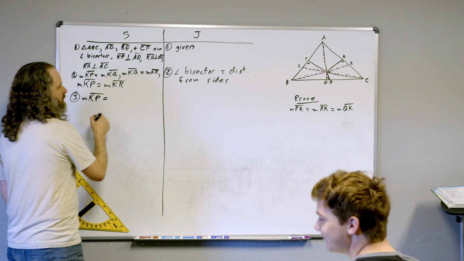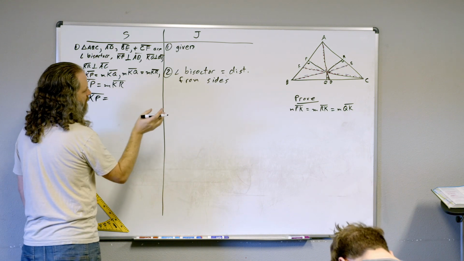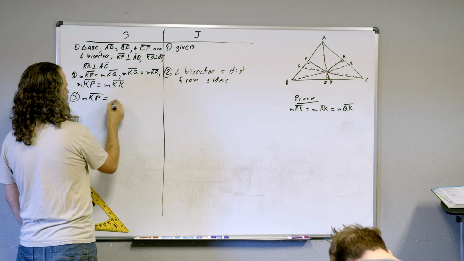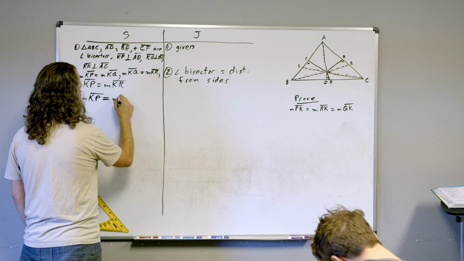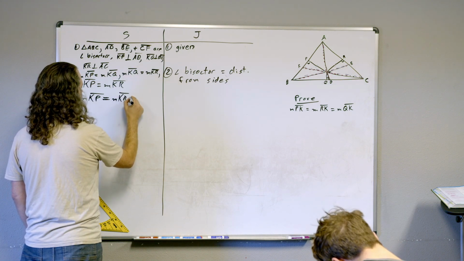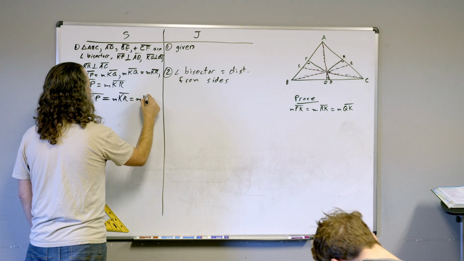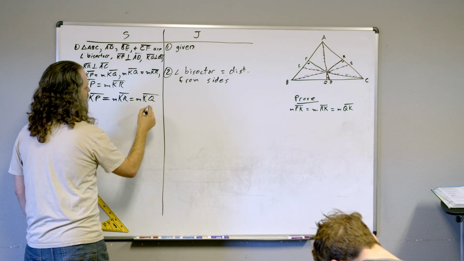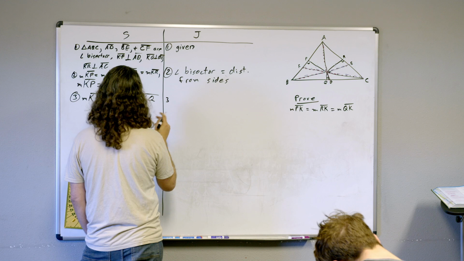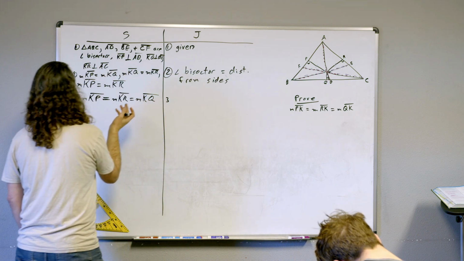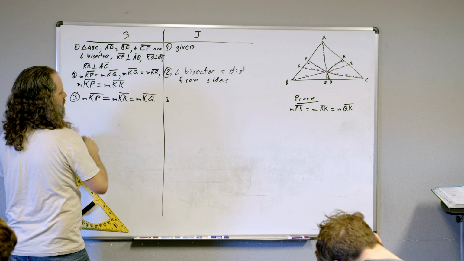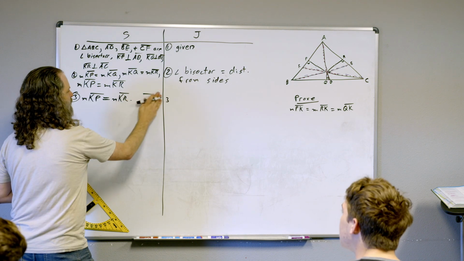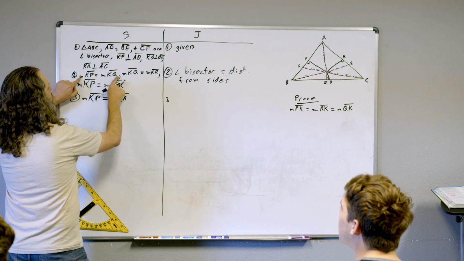So the measure of KP equals, we can write the whole statement, or they just wrote the part that we still needed, but we may as well write the whole thing. The measure of KP, the measure of KR equals the measure of KQ, because of the transitive property.